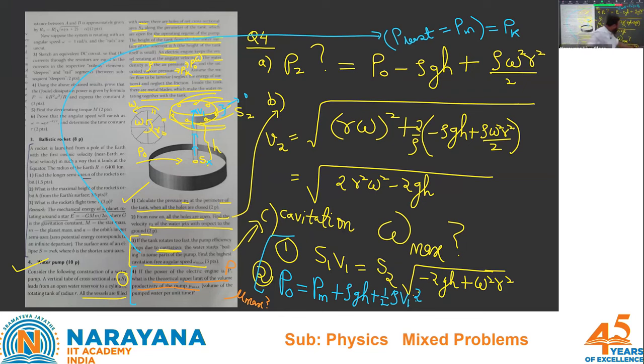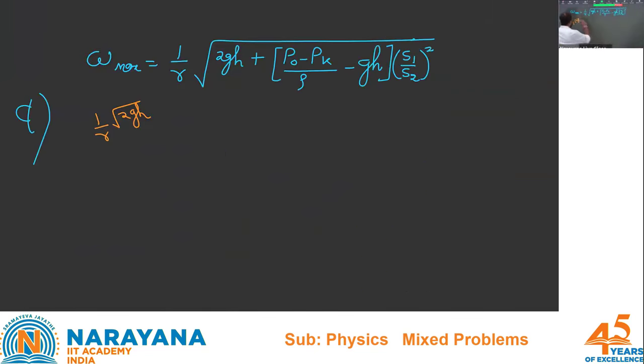The limiting value of omega that I can see is this. Out of these values, if I take the limiting value, obviously the maximum utilization for a power P will happen only for this omega. Think about it.